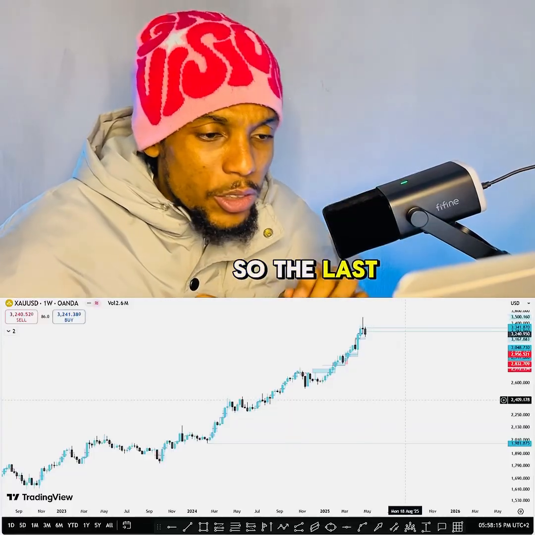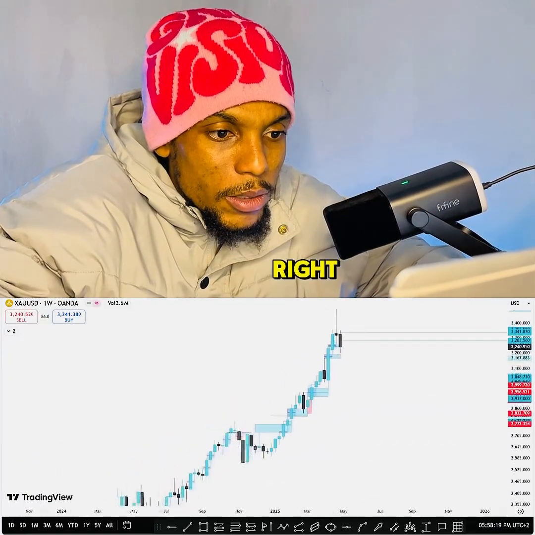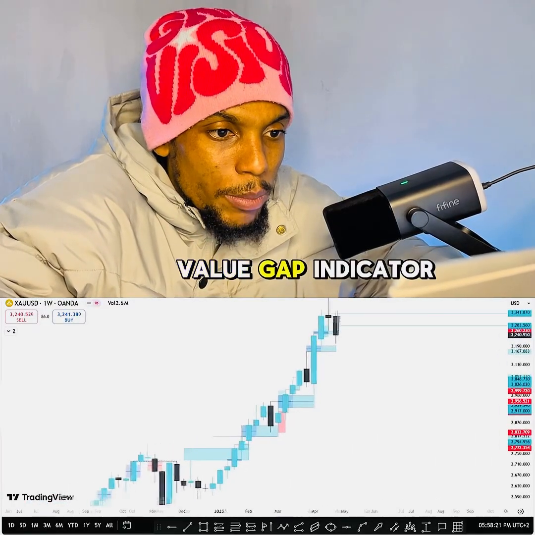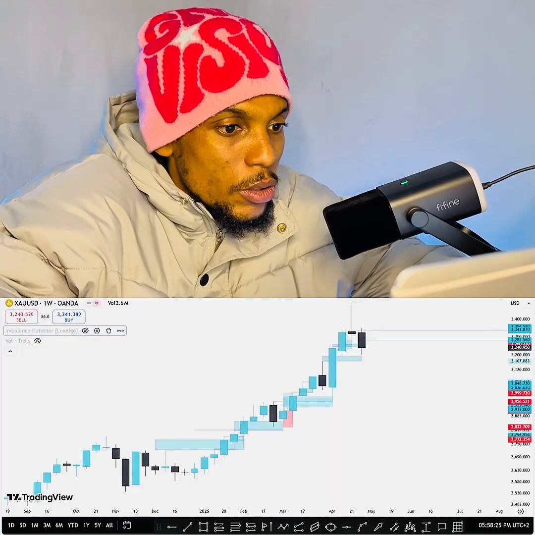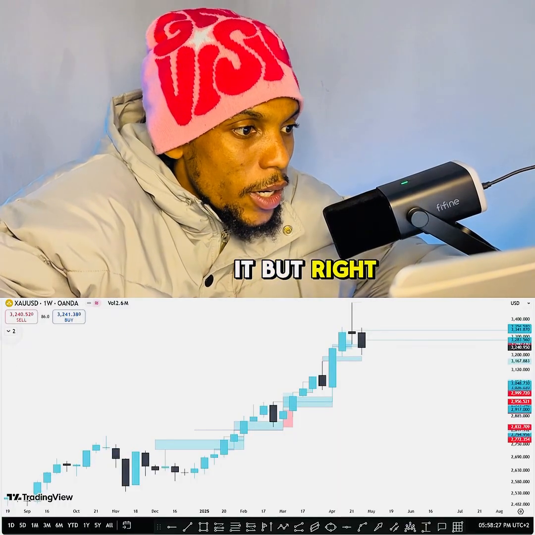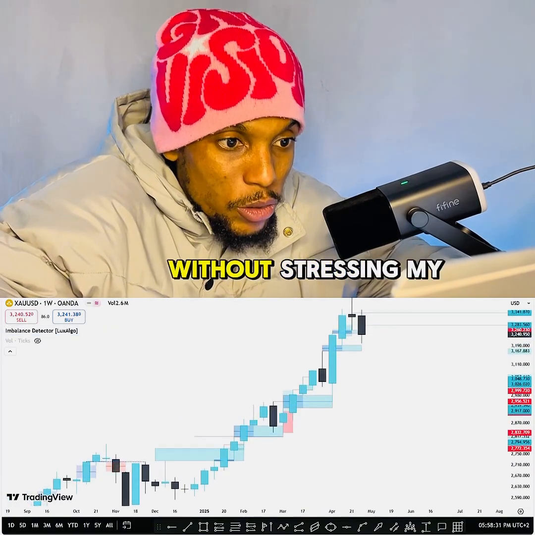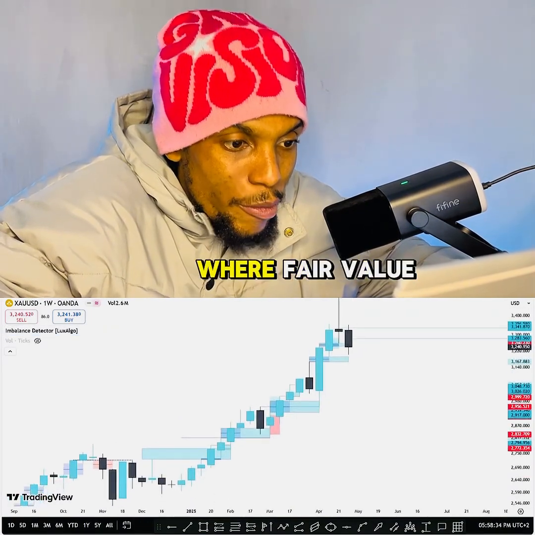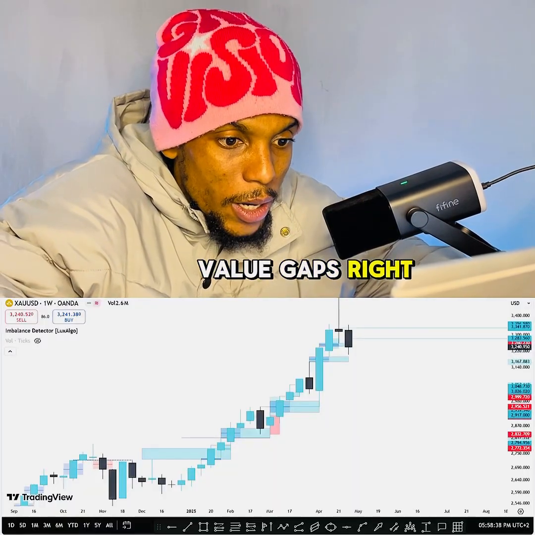So the last trade I took was from this particular fair value gap, right? As you can see, my fair value gap indicator is on. If I put it off right now, you won't see it. But putting it on helps me see without stressing my eyes where fair value gaps are, because I trade only from fair value gaps, right?